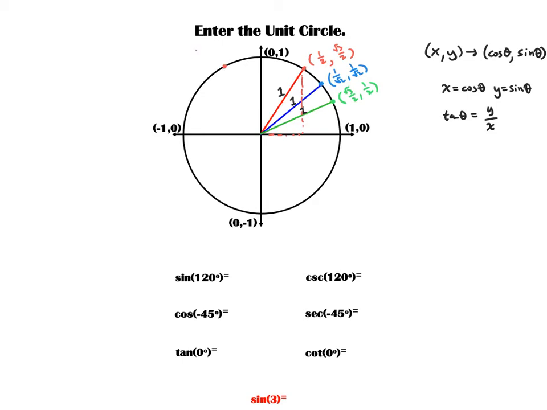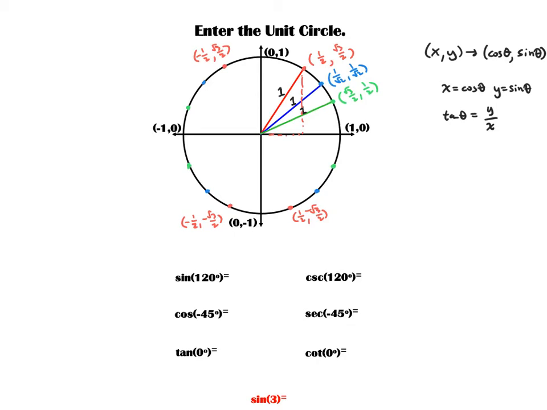Here we are in quadrant 2. The only difference between this point and the point in quadrant 1 is that our x value is negative. In quadrant 3, both values will be negative. In quadrant 4, our first value, our x value, will be positive, our y value will be negative. And you can see how each of those values will repeat themselves in each of the quadrants, for red, blue, and green.